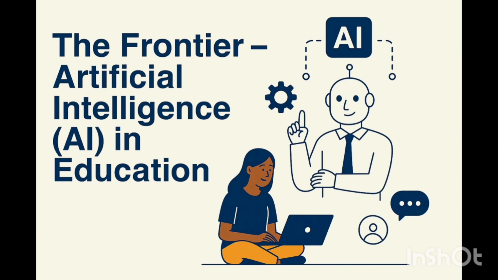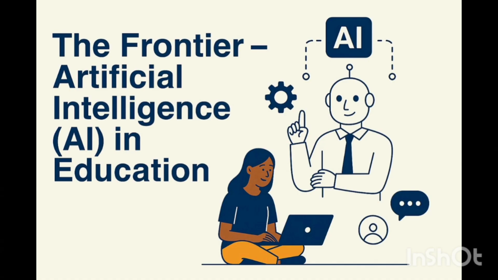So, you can customize your chatbots accordingly. Then, content generation. AI can assist teachers in creating lesson plans, quizzes, and varied learning materials. Simply, you have to be a good prompt engineer. Just put a prompt in your AI tool, and it will respond to you within seconds.